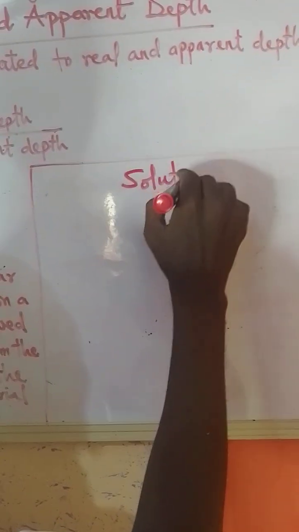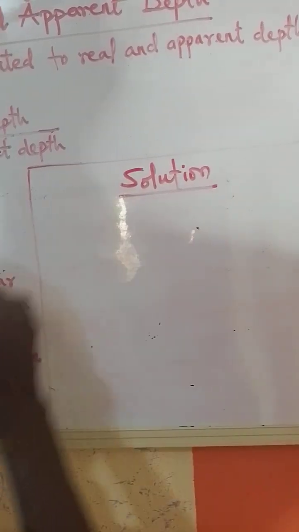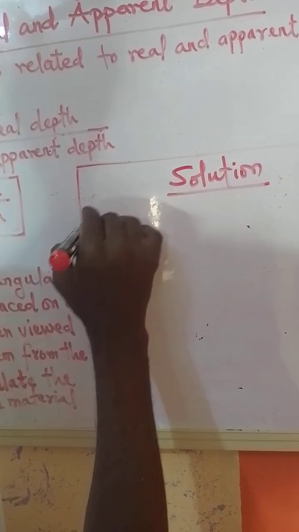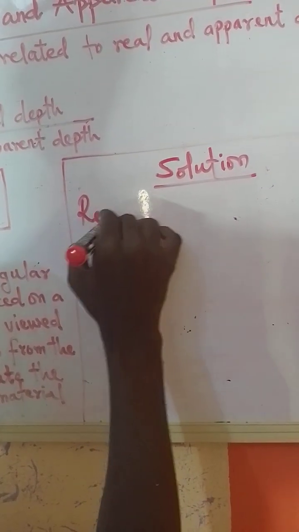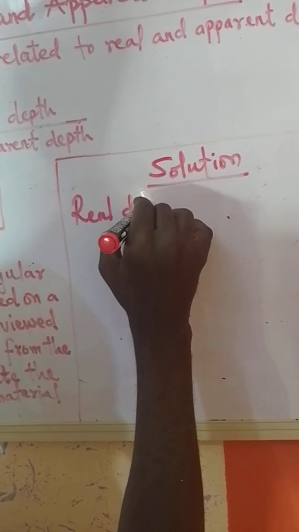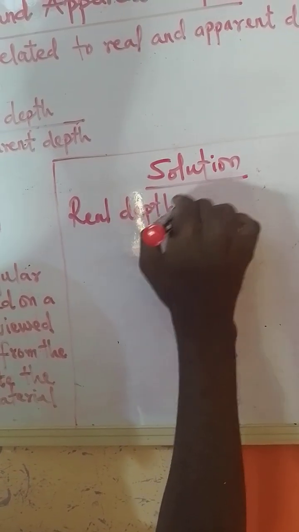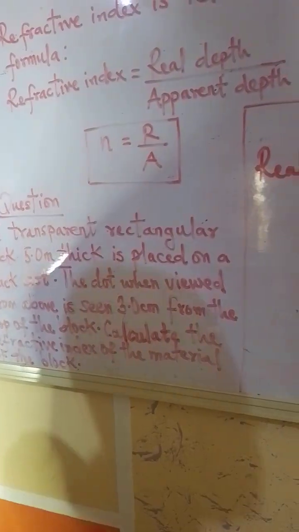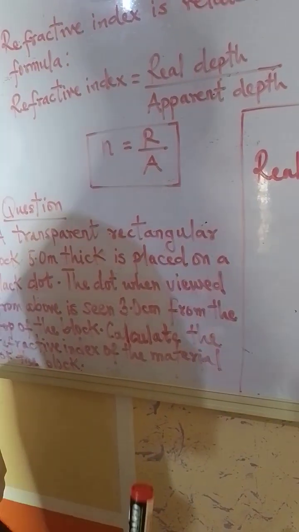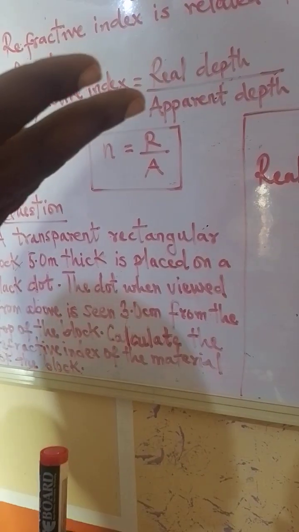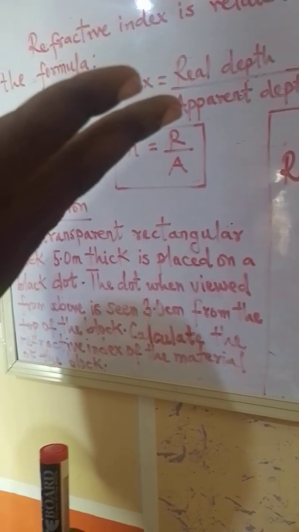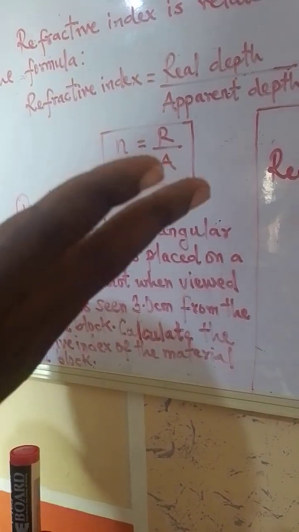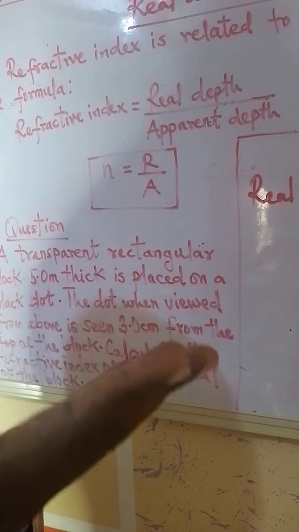So solution. The thickness of the glass block is the real depth, which is that 5.0 meter exactly. So my real depth is 5.0 meters. But immediately the glass block was placed on the black dot, it appeared to be closer to the surface of the glass block, which shows us that that is the apparent depth.